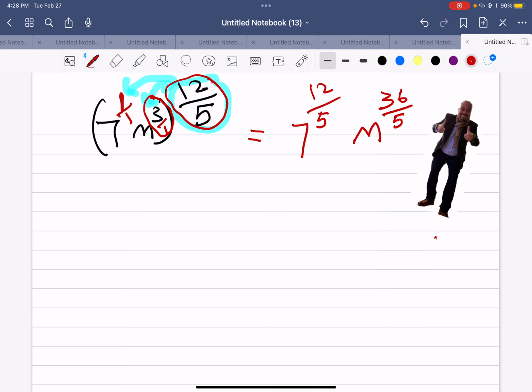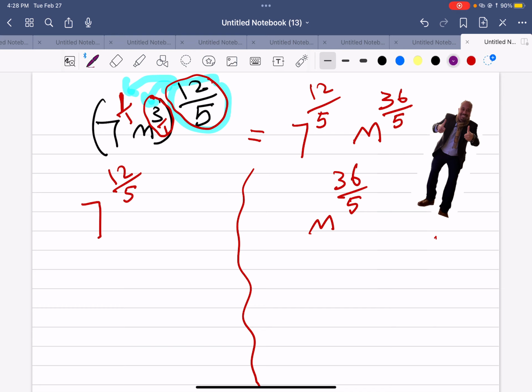All right, now I'm going to treat this one separately. I want to know what 12 over 5 is, and also what 36 over 5 is. So if I do what I did before, 12 divided by 5 gives you 2 times 5 is 10, the remainder is 2.